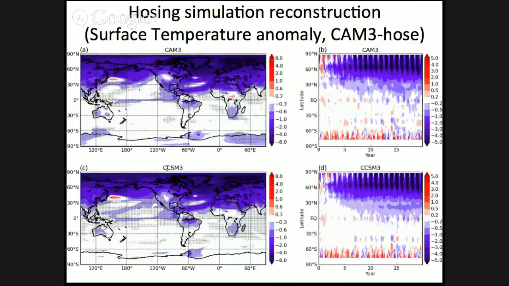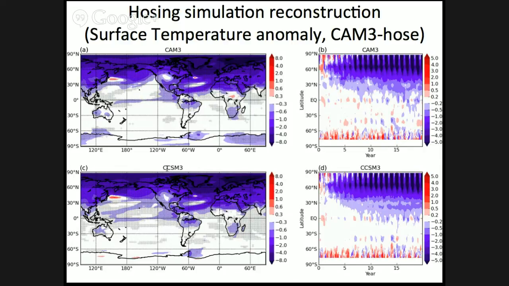These figures are showing the surface temperature anomaly. The top two are showing the CAM3 simulation, and the lower two are showing the CSM3 simulation, and the left two are showing the second decade average of the anomalous surface temperature.